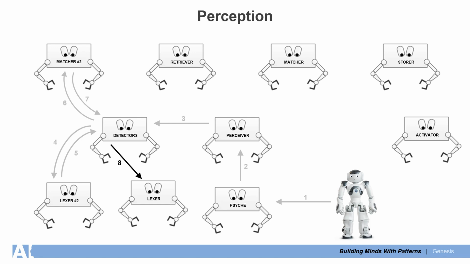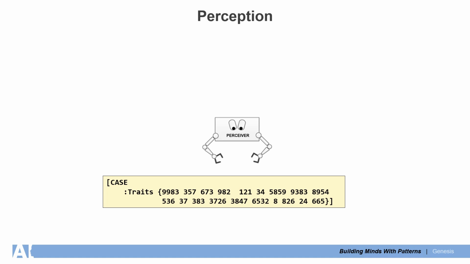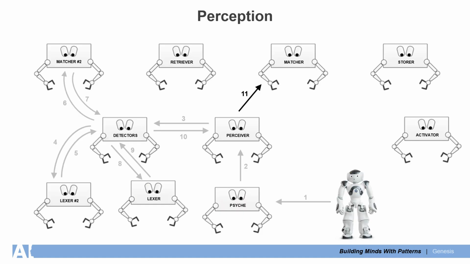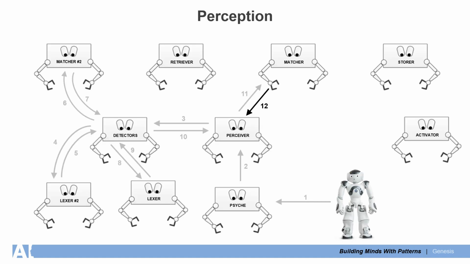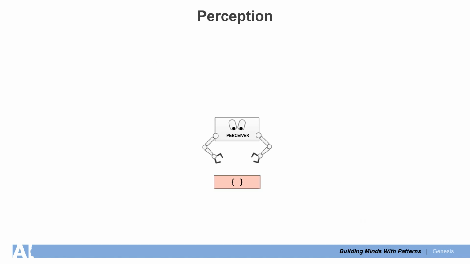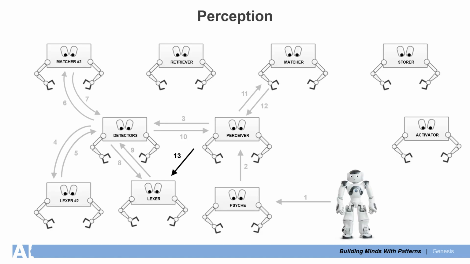New features are stored in the lexicon. Reifiers for the features are returned. And the features are returned as traits of the percept to the perceiver. Now the perceiver has traits for the percept. The perceiver tries to match these traits to an existing percept. The matcher returns the results, and there is no match.